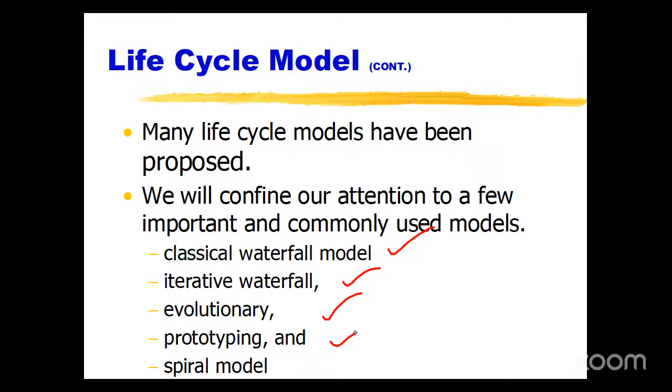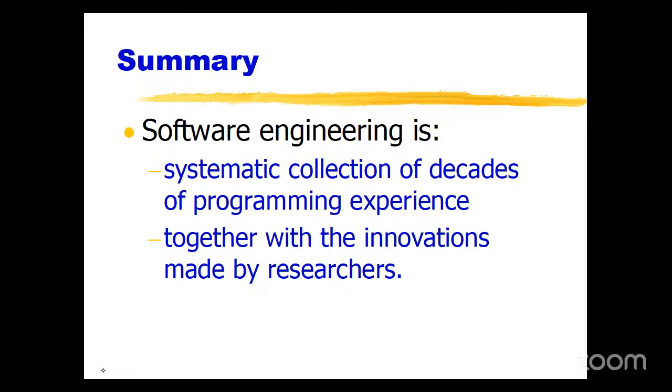We are not speaking about each and every model, only the few which are included in our syllabus: the classical waterfall model, the iterative waterfall model, evolutionary models, prototyping models, and spiral models.